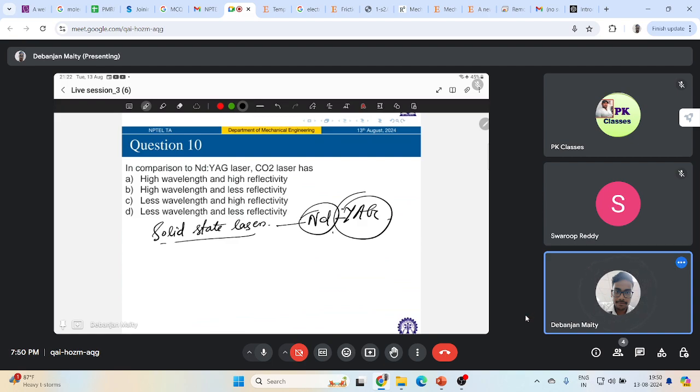The electrons of the dopant element can be selectively excited to a higher energy level. There will be high intensity flash lamps which will be used to excite the electrons to a higher energy level.